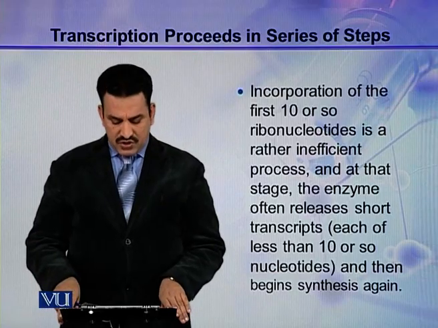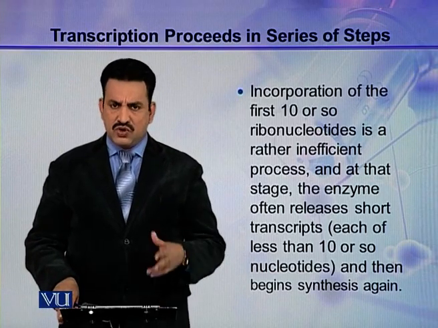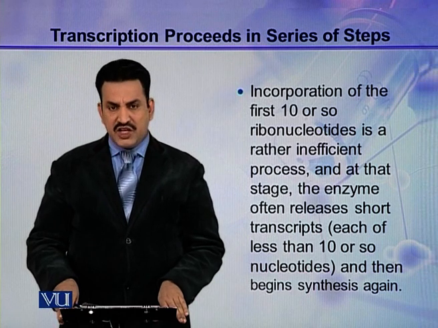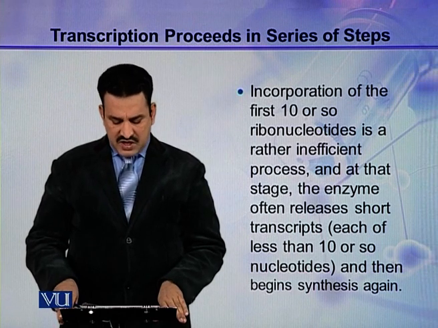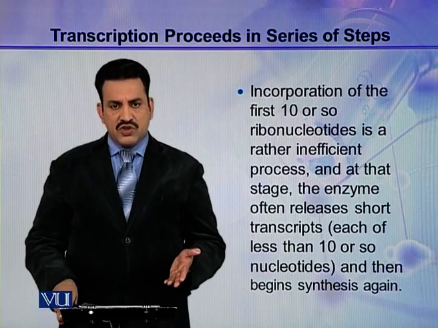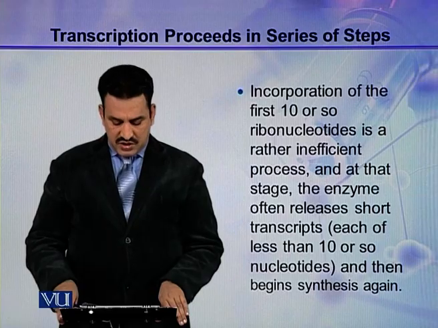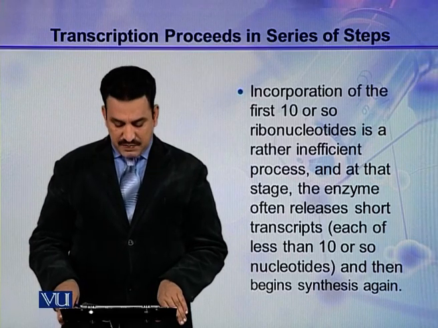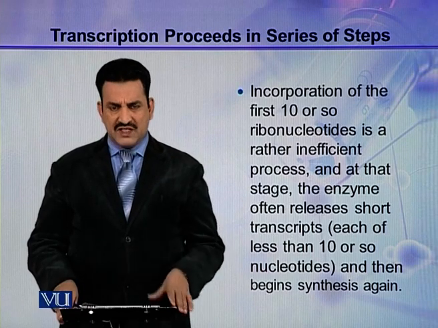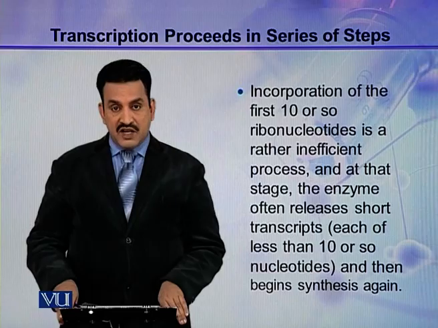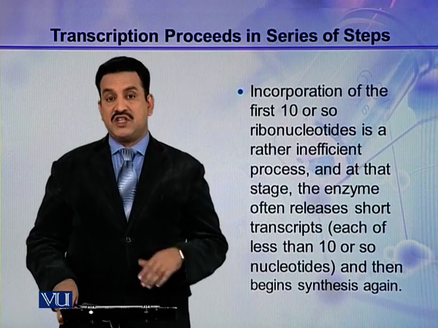Incorporation of the first 10 or so ribonucleotides is a rather inefficient process, and this is actually called initial transcription. At that stage, the enzyme often releases short transcripts, each of less than 10 or so nucleotides, and then begins synthesis again.